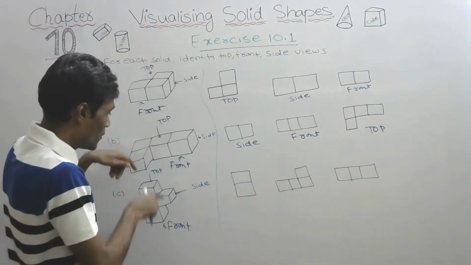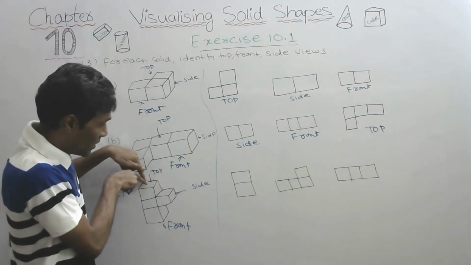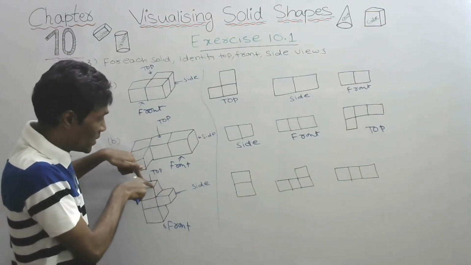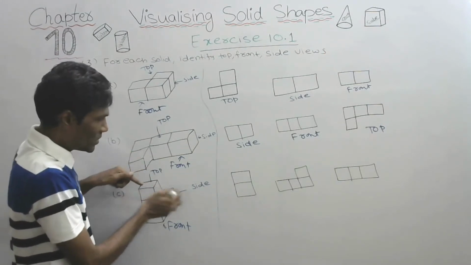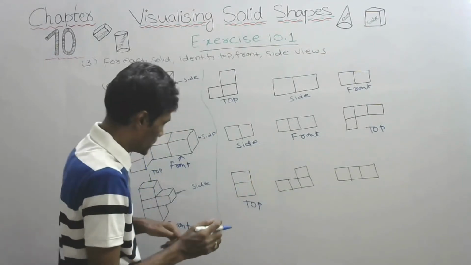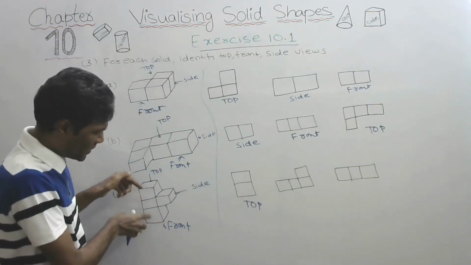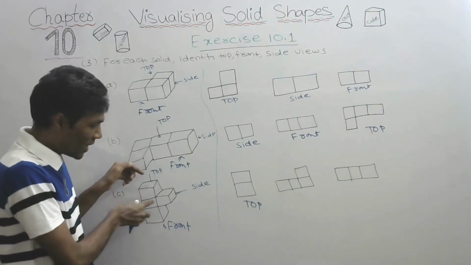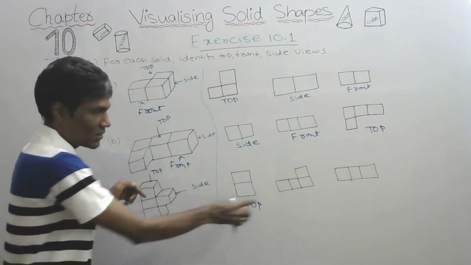The next, from top, this is visible and this is also visible. These 2 like this. So this is top view. So from front, these 3 and by side this one. 3 squares and side 1 square is there.